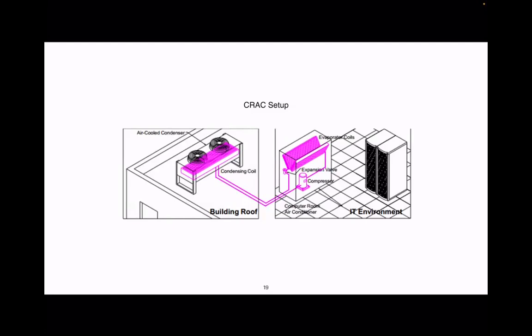Most of the cycle is located indoors, inside the room, where we find the usual components of the refrigeration cycle: the compressor, the evaporator, and the expansion valve, with the remaining component, the condenser, located outdoors, on the building roof, for example, where the heat is rejected as the refrigerant is cooled by ambient air.